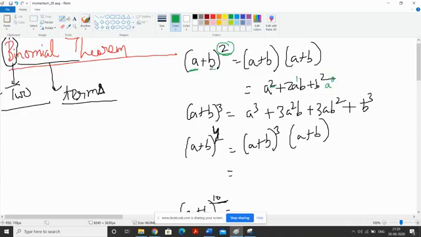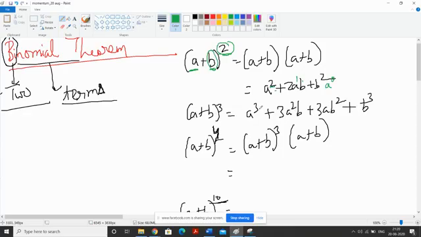The second term's power starts with 0, then increases by 1, and then by another 1, until it becomes the highest power. So the power of the first term starts with the highest and keeps on decreasing. The second term's power starts with 0 and keeps on increasing to the highest. That's what is happening here as well.